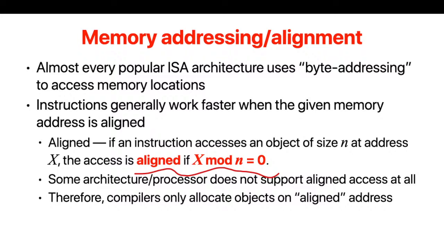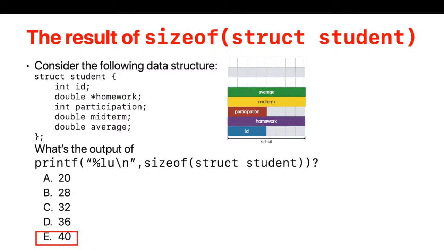So if I am accessing a double, which is 8 bytes of data, the address of a double must be a multiple of 8. Although you think we can lay out the homework field in this shape, if you do, it will be broken up into 2 different units of work on a 64-bit machine.